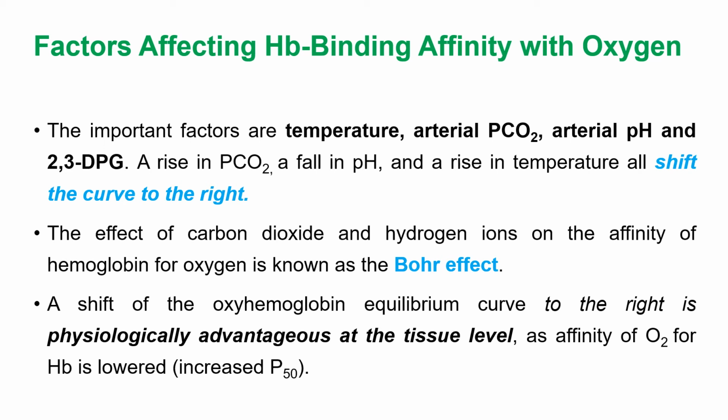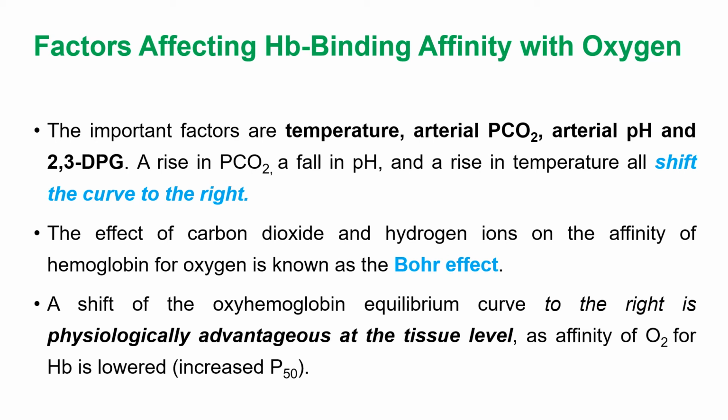Now, factors affecting hemoglobin binding affinity with oxygen. The important factors are temperature, arterial PCO2, arterial pH, and 2,3-DPG. A rise in PCO2, a fall in pH, a rise in temperature all shift the curve to the right. The effect of carbon dioxide and hydrogen ions on the affinity of hemoglobin for oxygen is known as the Bohr effect.